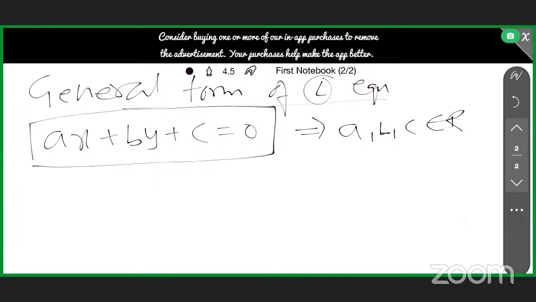Now we'll find the different concepts of ax plus by plus c. You can take them as theorems or corollaries, no problem.